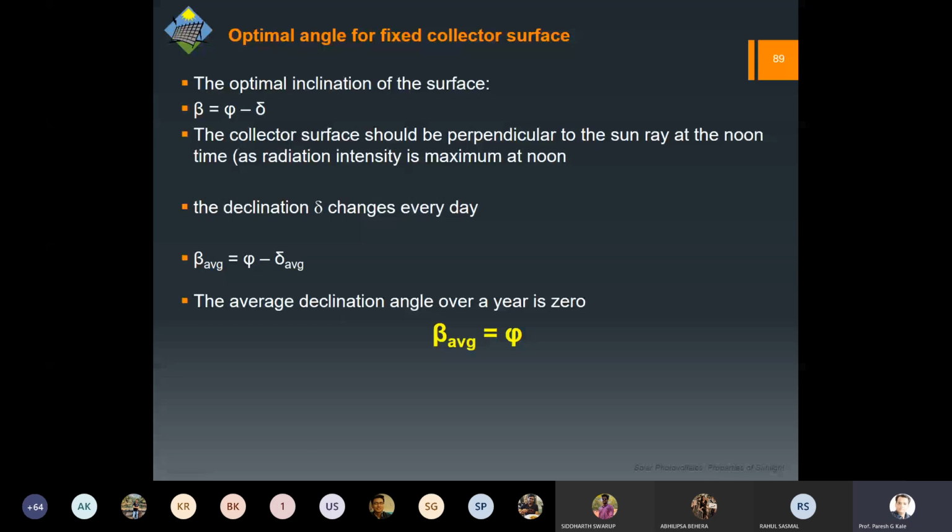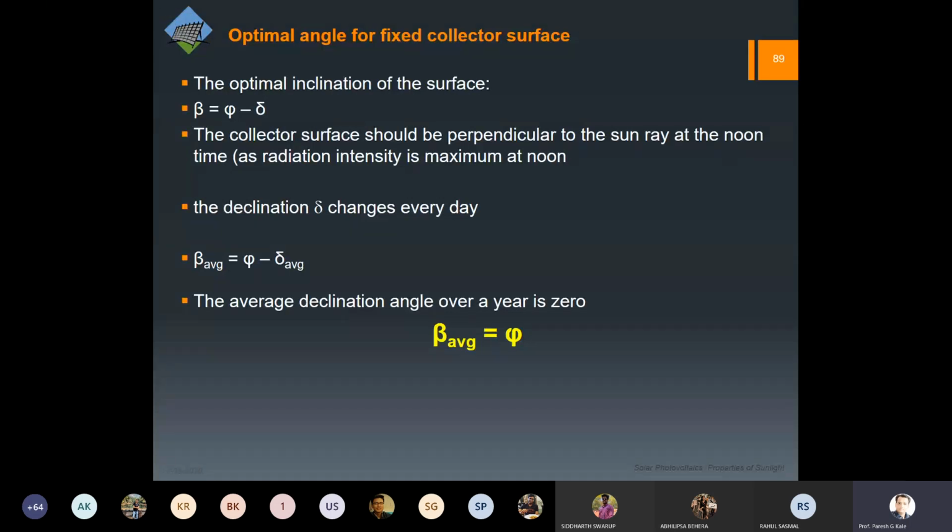Now try to understand the implication of whatever we have discussed. Here we are optimizing, first of all, for maximum power throughout the year. Point number one. Second thing is, obviously, as you move towards the equator, this phi will become smaller and smaller. On the equator, it will be absolutely 0.